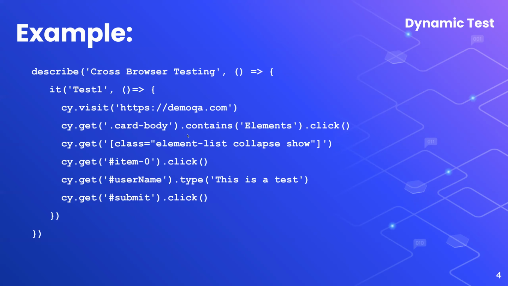After it, it searches for another class inside the form and looks for the first element in the item and clicks on it. And after this, we type some random string in a username. This is a test, and click submit. Really easy test. We will perform this together later when I show you how to execute this approach.